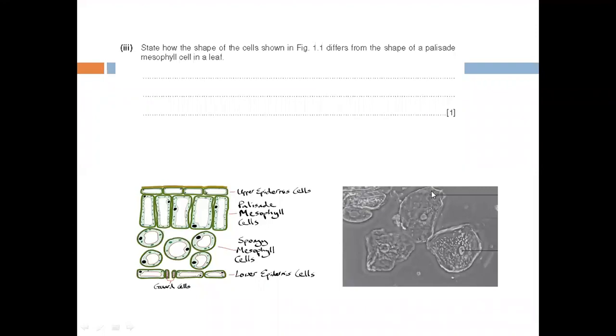If you see here, the epithelial cells are irregular in shape, while the cells of palisade mesophyll are cylindrical in shape. You can also say these are round in shape, while the palisade mesophyll cells are cylindrical.